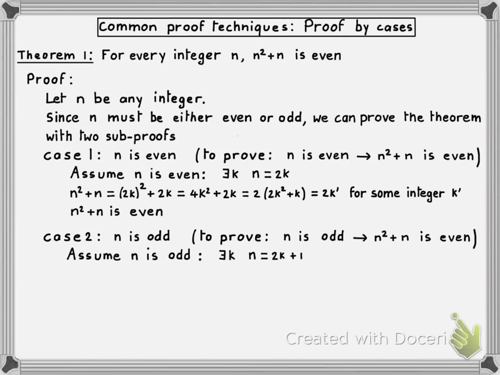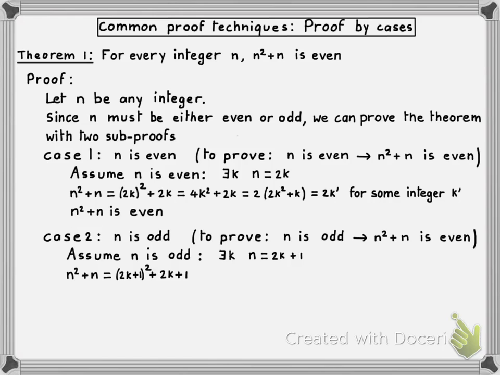And again, we're going to rewrite the expression n squared plus n and try to prove that it must be even in this case as well. So n squared plus n is equal to what?